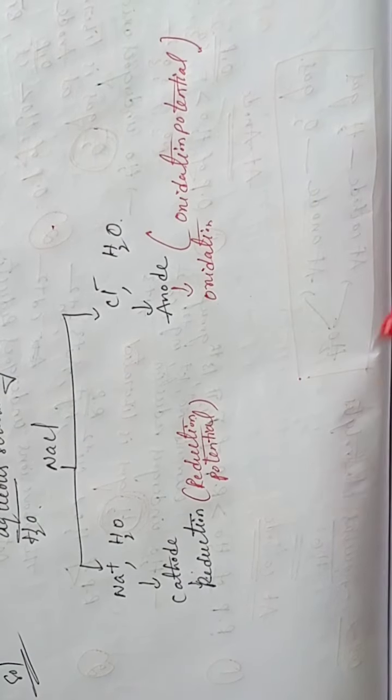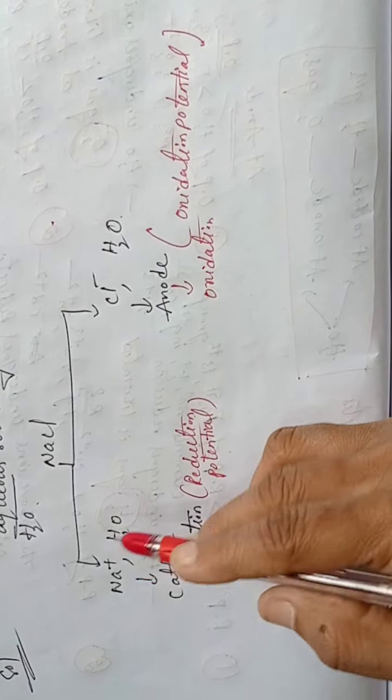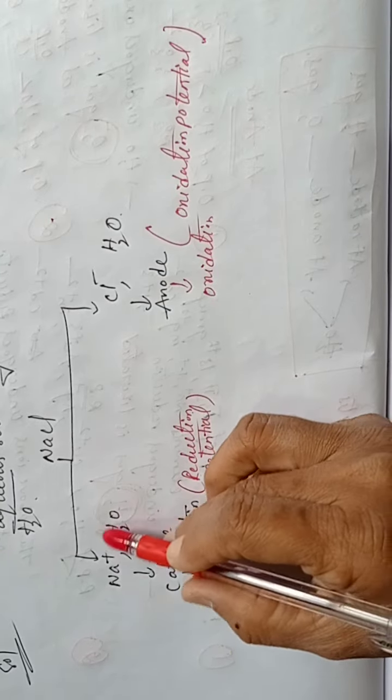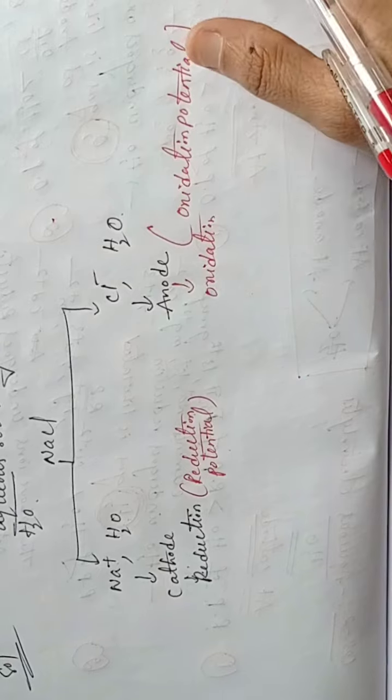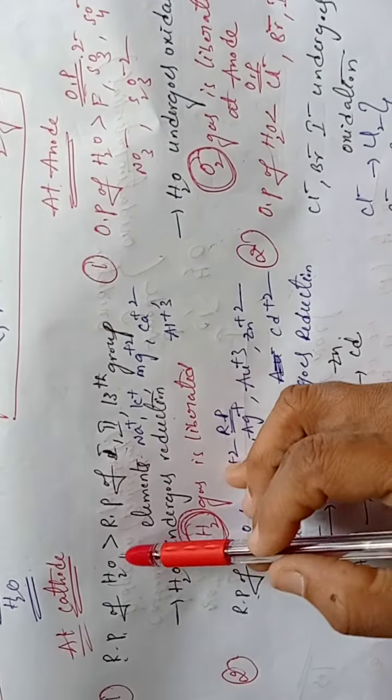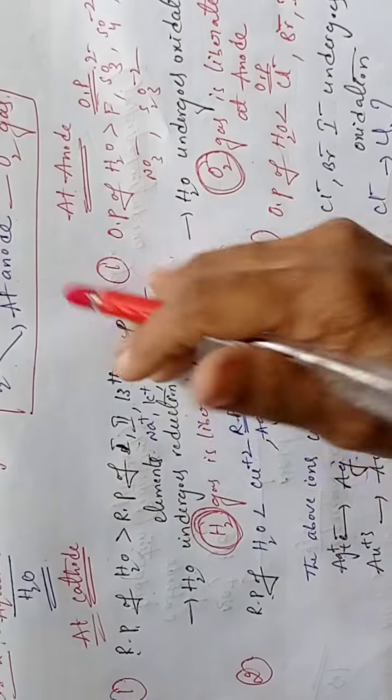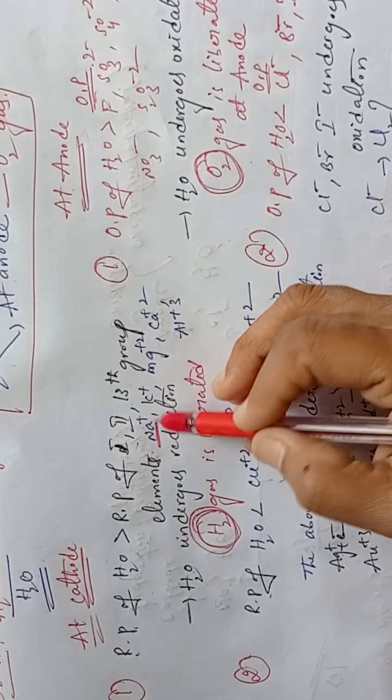Now see, students, reduction potential of water and Na plus, which one is more? Na plus or water? Water is more, correct or not? Water reduction potential is greater than Na plus ion, as I discussed, because Na plus is a first group element.